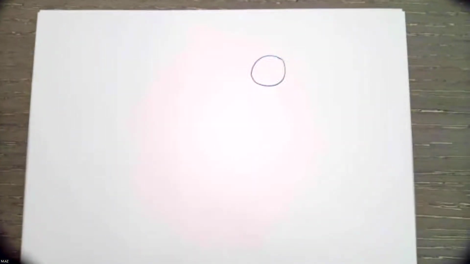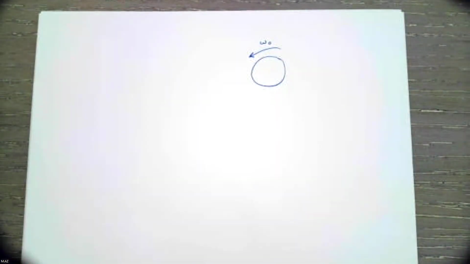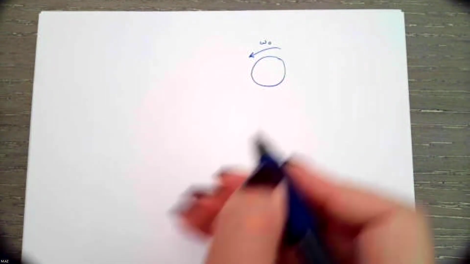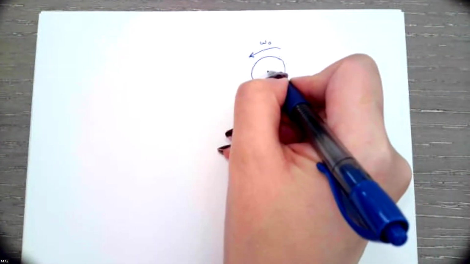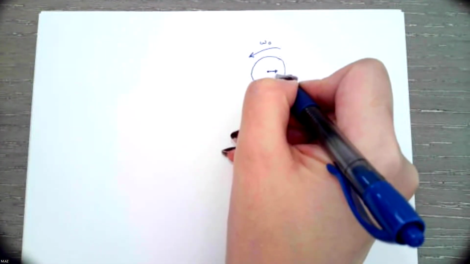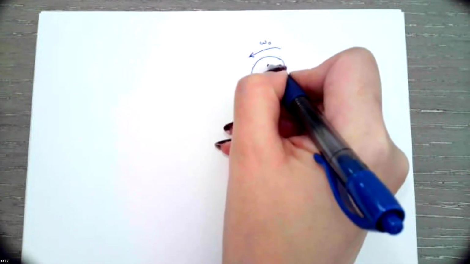For solving this problem, first we draw the free body diagrams. Based on the information of the problem, this is disk A, and this is the initial angular velocity. We have a pin here, with reactions AX and AY.